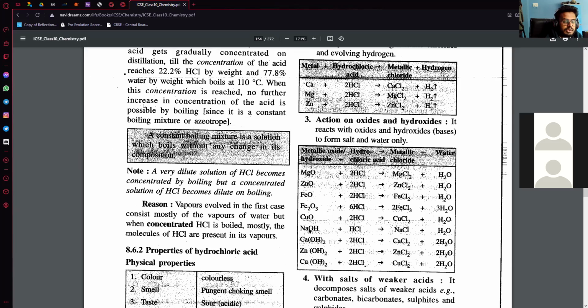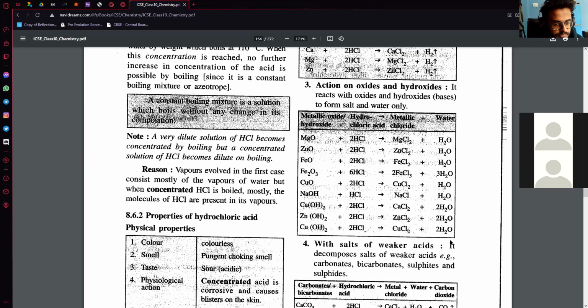Some metal hydroxides like sodium hydroxide react with HCl to form sodium chloride, that is salt, and water, H2O. So metal with acid will give you hydrogen. Metal oxides with acid will give you water. That thing you need to know.